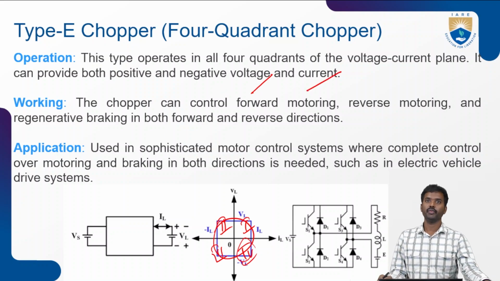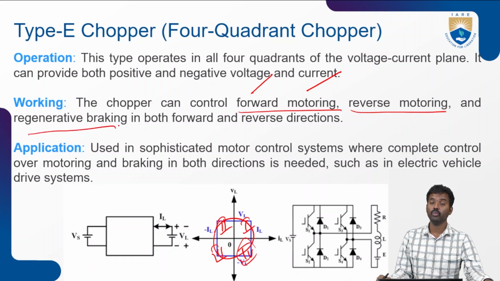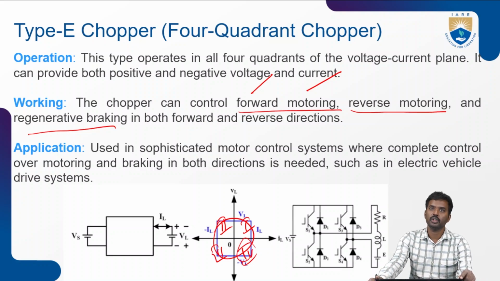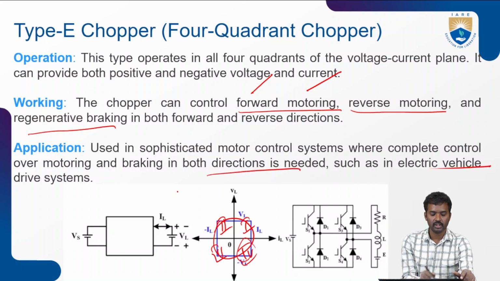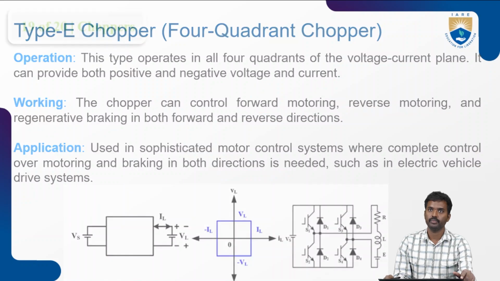It can control forward motoring, reverse motoring, and regenerative braking in both forward and reverse directions. It is used in sophisticated motor control where complete control over motoring and braking in both directions is needed, such as electric vehicle drive systems. We will use this four quadrant chopper, that means class E chopper.